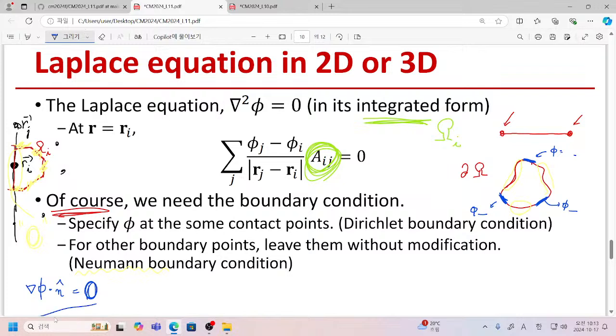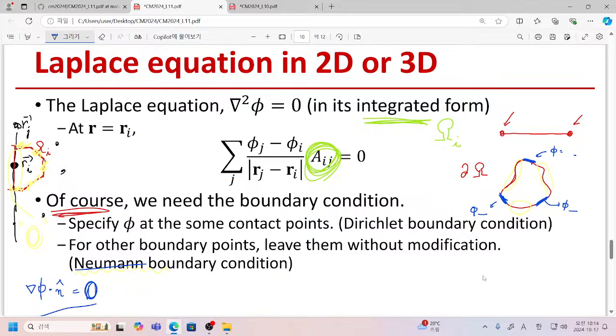Phi's gradient, its normal component, vanishes. What is it? This is nothing but the homogeneous Neumann boundary condition. So usually the homogeneous Neumann boundary condition is a typical boundary condition for non-contact boundaries in our applications in many cases. So that's the reason why for other non-contact boundaries we don't have to do that.